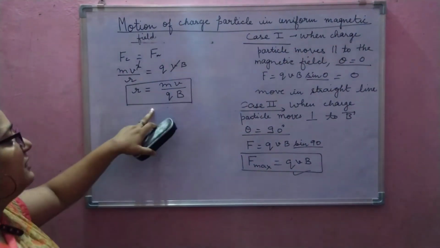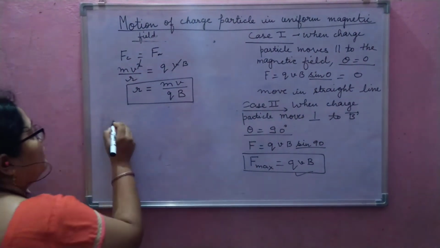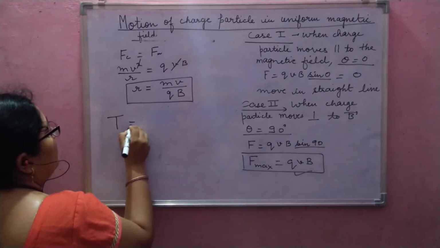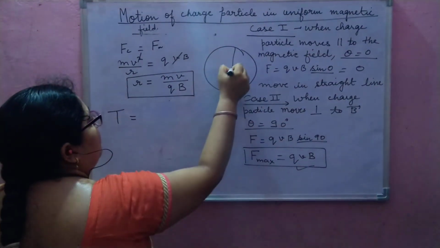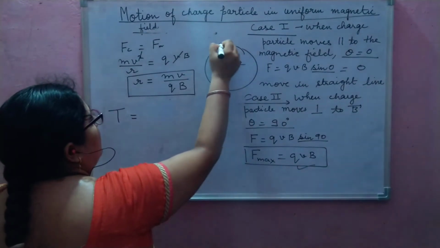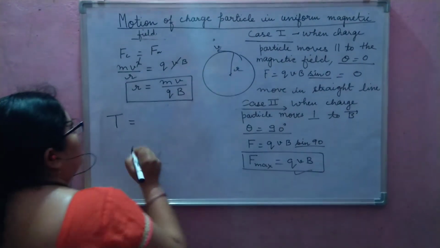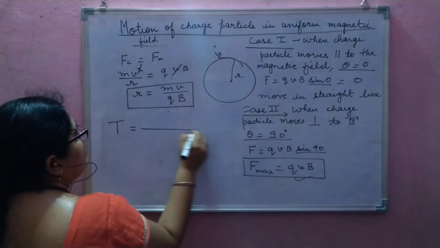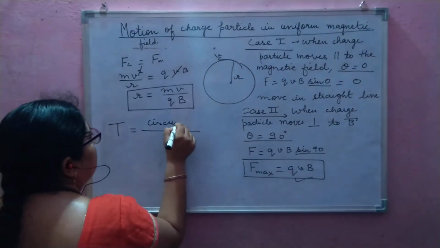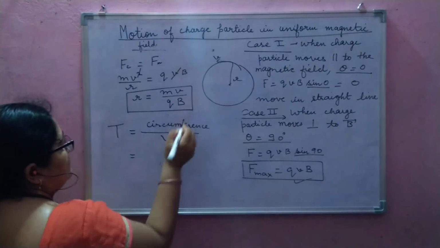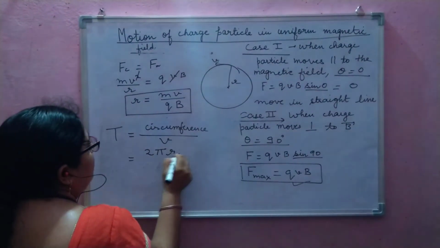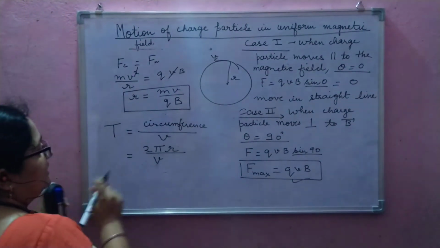Now that we have found the radius, we will find the time period of revolution of the particle, the time in which it completes one circle. Time period will be given by circumference upon velocity, that is 2 pi r upon v.